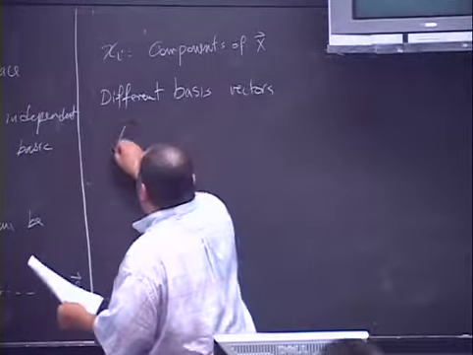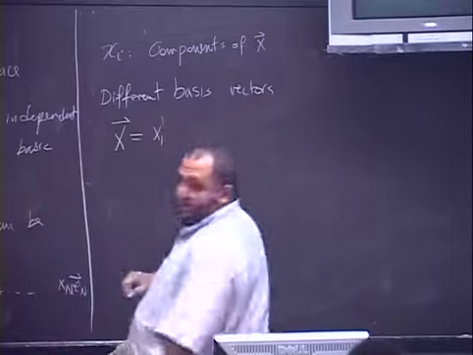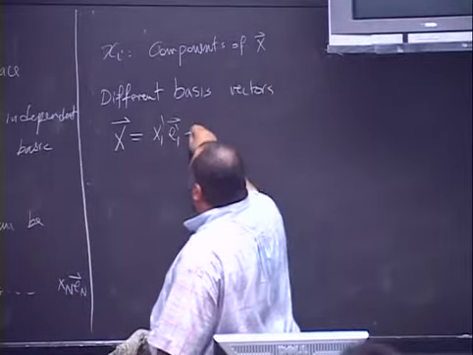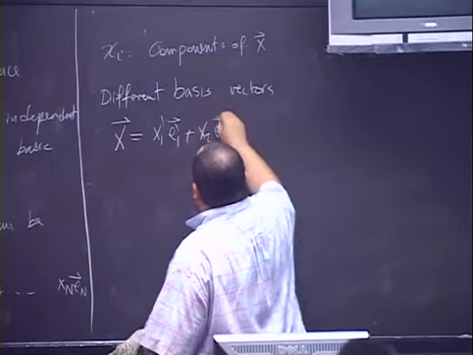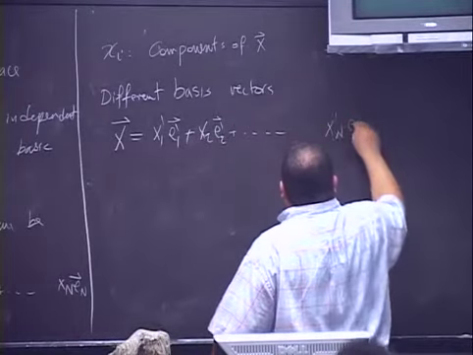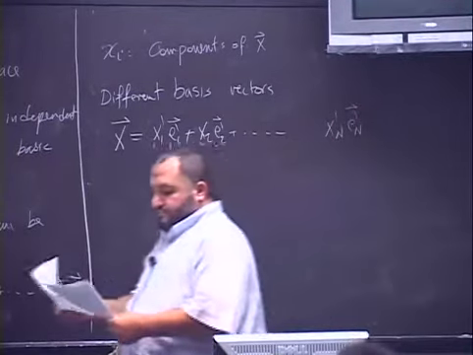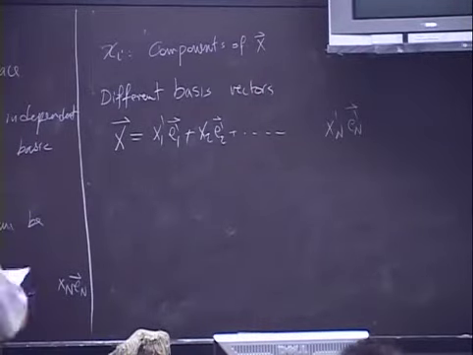So in this case I can write the vector x still, but as x1 prime, because it has a component in the E1 prime now, plus x2 prime in the direction of E2 prime, and so on up to xn prime in the direction of En prime here. So now let's just give some examples.